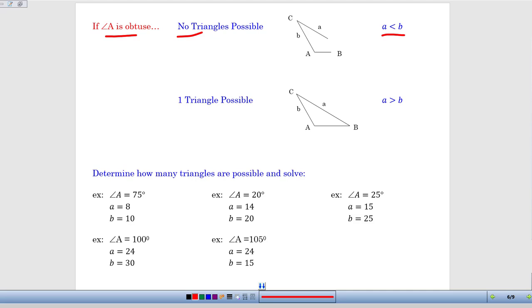And then the flip side of that is if we're given angle A is obtuse, and length A is longer than length B, then we have one possible triangle. And then we just go straight to our regular old law of sines and we solve using the proportions and cross multiplying like we had done in our previous work with the law of sines.